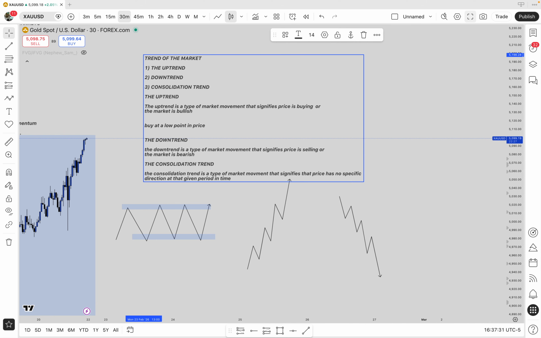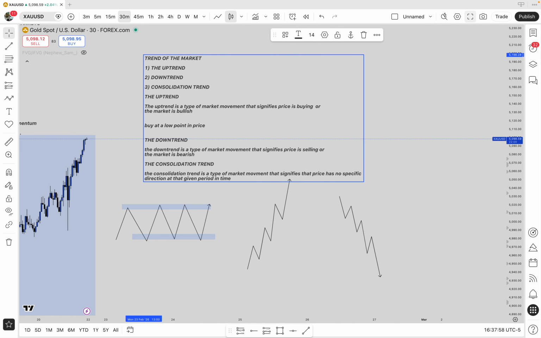Let's say gold falls back to $2,000 per ounce, which I don't think is possible, but let's say it happens. You've analyzed that this market could go up very soon, and your strategy is telling you to take a buy. You've already seen that gold is low. What do you do at a low point in price? You buy from a low point in price if the market trend is bullish, which is if the market trend is buying.